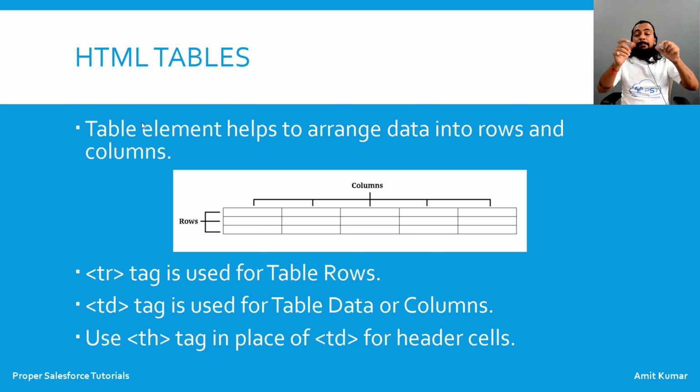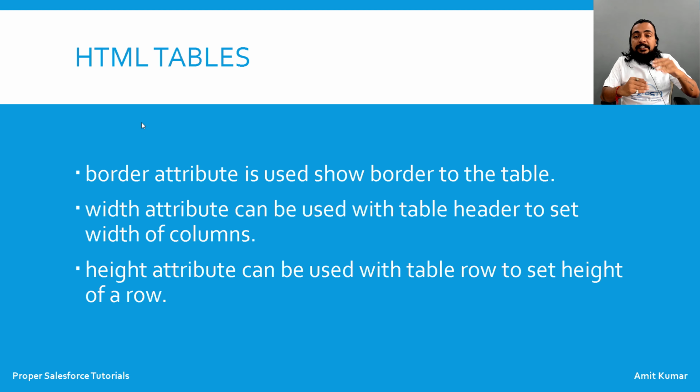So if you are specifying a specific pixel, then sometimes that HTML table may break or may appear only partially. Or it may be very small according to the screen size if we specify in pixels. So that's why it is highly recommended to use percentage as value of height and width, so that according to the height and width of the screen, it will automatically adjust the height and width of the columns or rows.